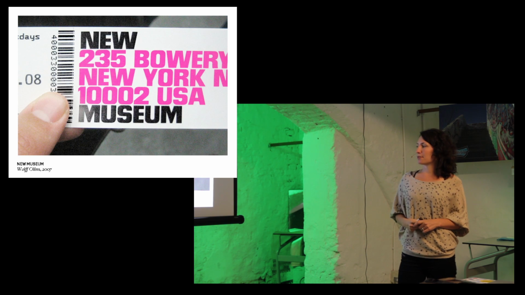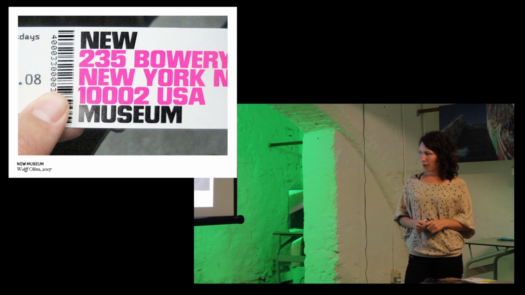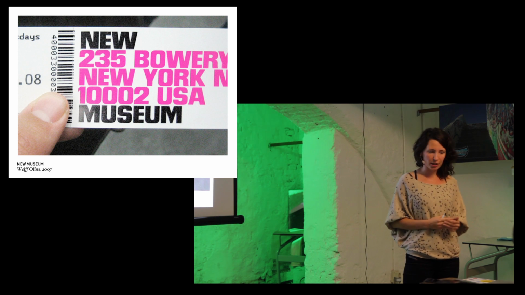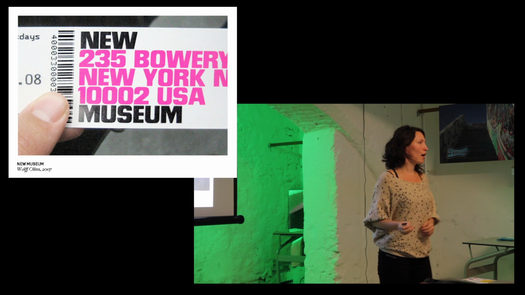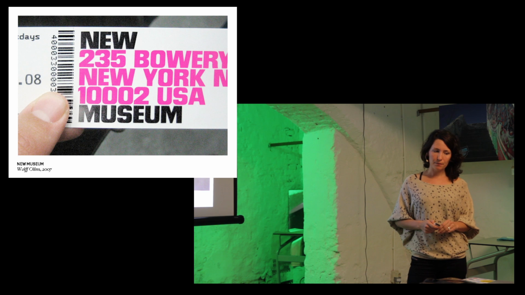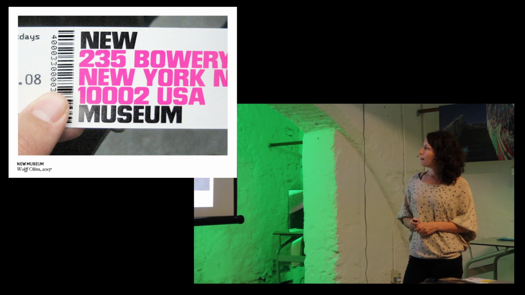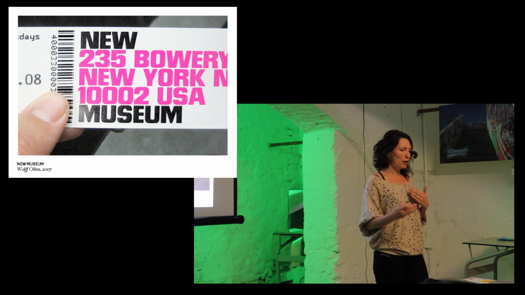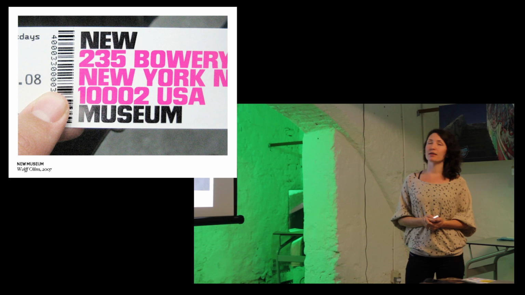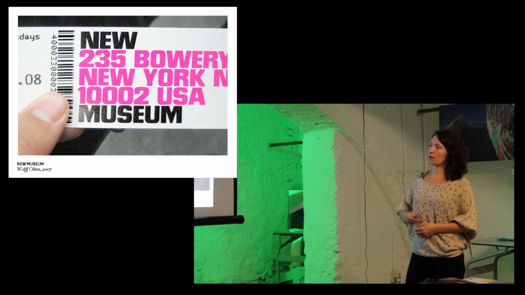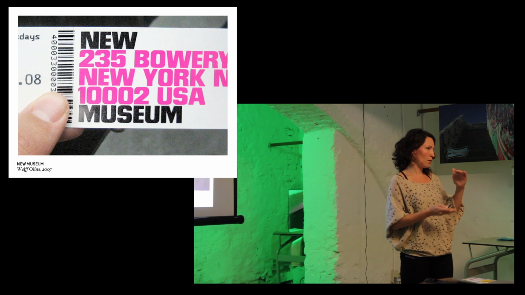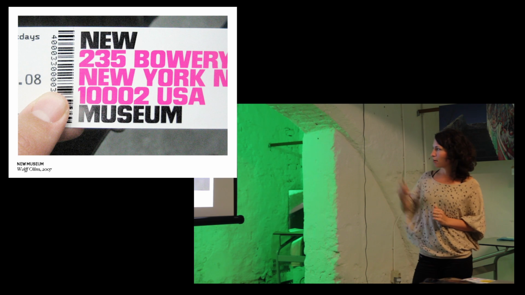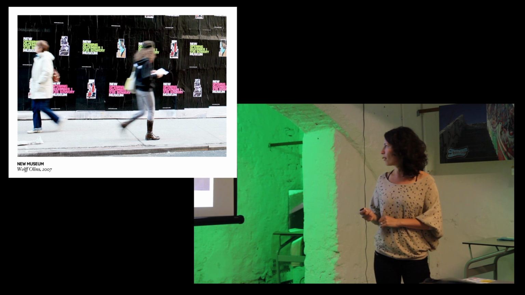Now there are many museums that obviously have a dynamic identity. It is also a very dynamic organization, with all its changing exhibitions and different flows and styles over time. It's a logical choice. Here's another one, the New Museum, which really communicates this whole idea of changing exhibitions within its identity. So you have the New Museum, and between that there is a space, because their house also is a space, which is placed at 235 Bowery, New York.